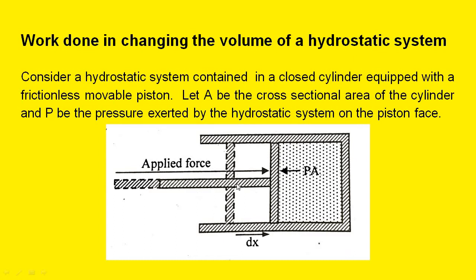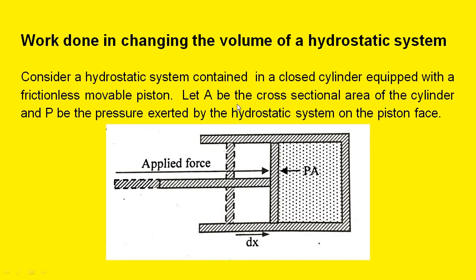This is the movable piston. And these are adiabatic walls, so there is no possibility of transfer of heat to the system. You can regard this as undergoing adiabatic conditions.